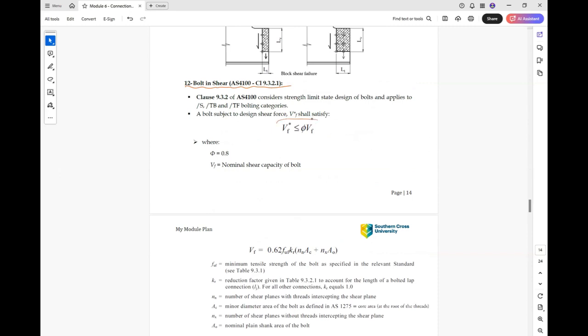The design shear of the connection, V_f star, should be less than or equal to phi V_f, where phi for the bolted connection is 0.8, as opposed to 0.9 for tension members, compression members and flexural members. And V_f is the nominal shear strength of the connection or of the bolts.